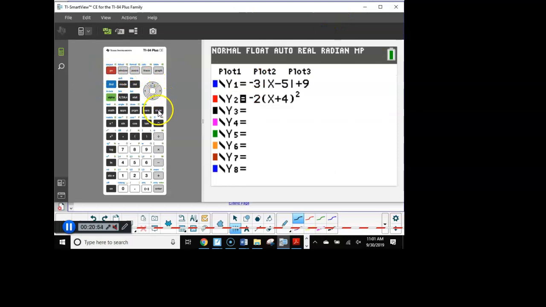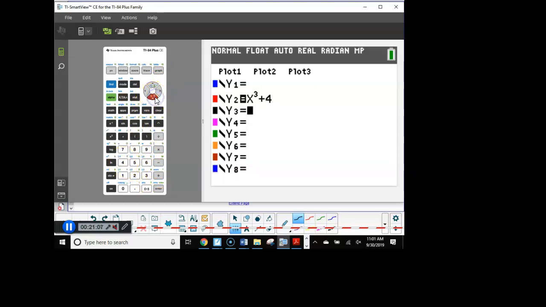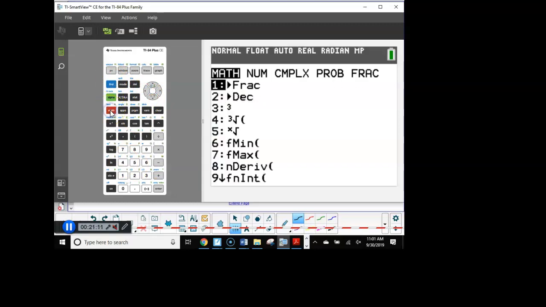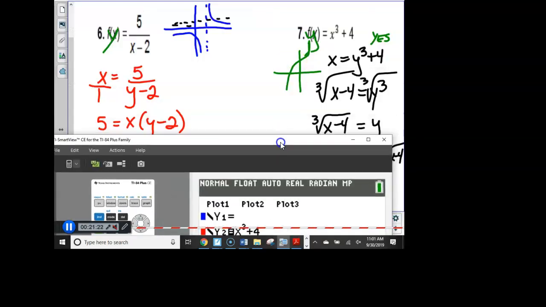But the original function was x cubed plus 4, is that right, guys? And the new one we came up with was, under math, the cubed root of x minus 4, all in the radical. Isn't that what we had?